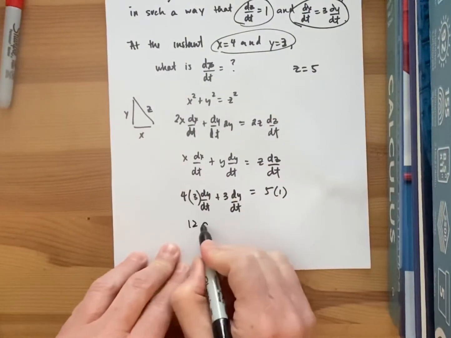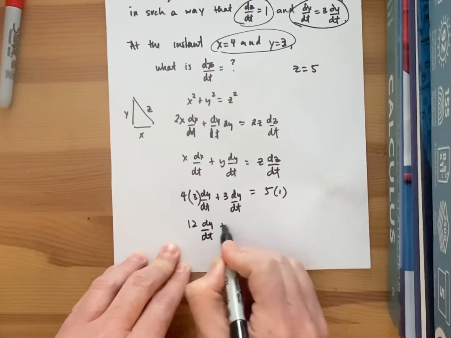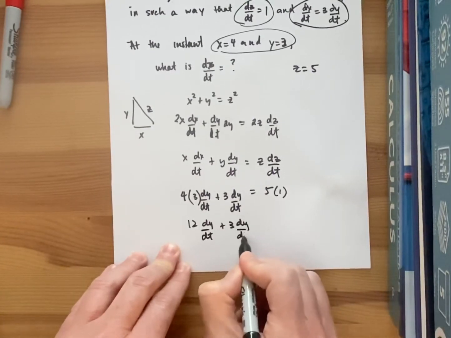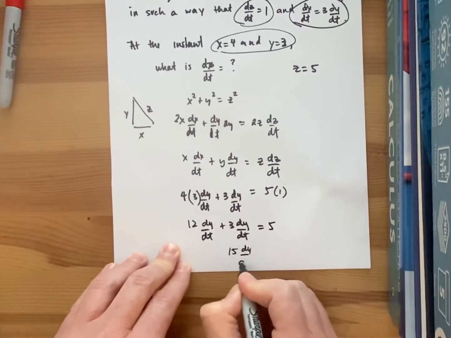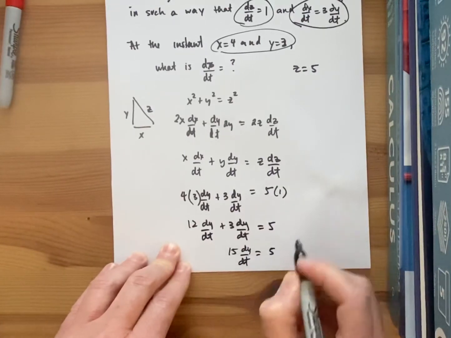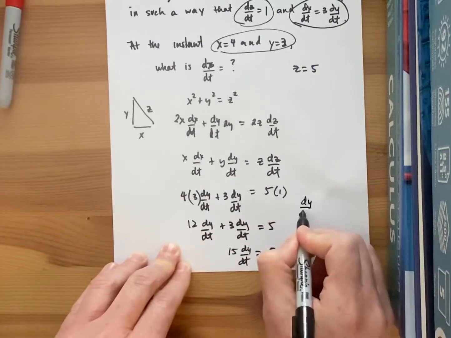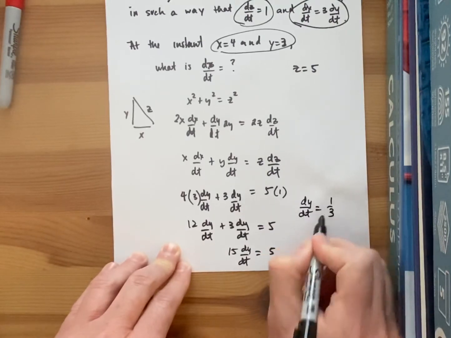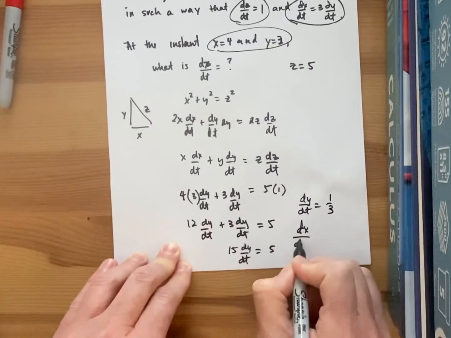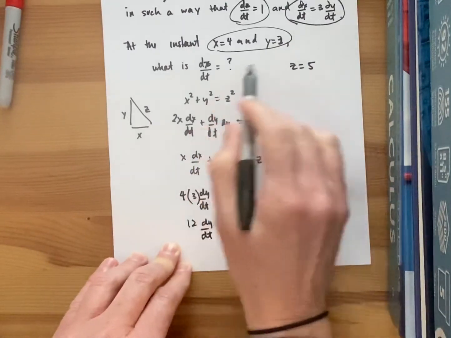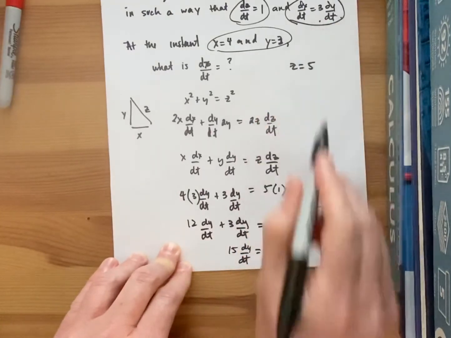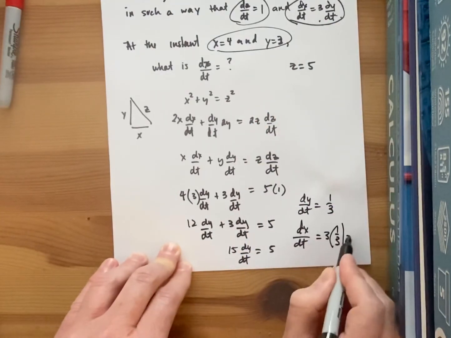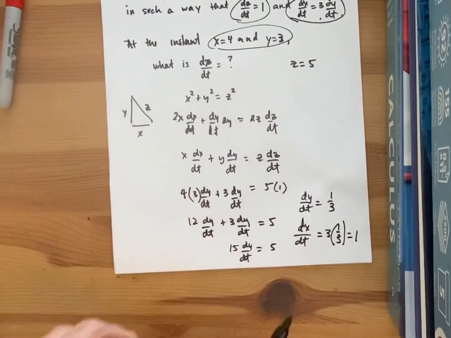So here I get 12 dy dt plus 3 dy dt equals 5, so 15 dy dt equals 5, so dy dt equals 1/3. So we were looking for dx dt, which is 3 times the dy dt, which is 1/3, and that gives me 1. So that would be your answer there.